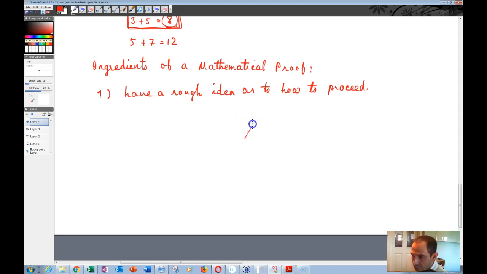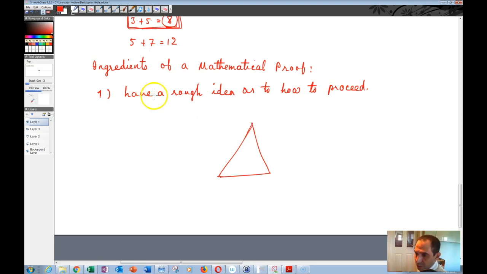So I draw a diagram like this, and the only thing that I know here is that this is a triangle. That's all I know. I know that it's a polygon, and it's a polygon that has only 3 sides. I cannot assume anything else here.